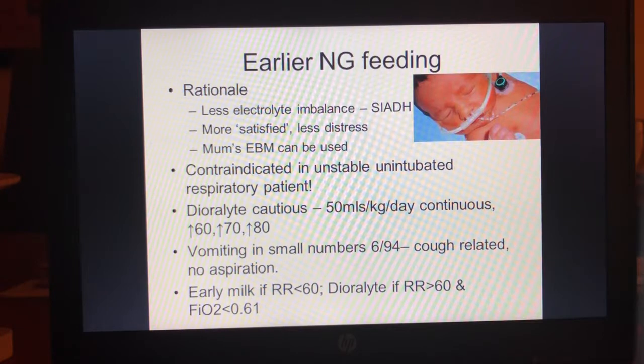So please excuse the error on that slide. And with that, we felt that we could safely introduce earlier nasogastric feeding in this potentially difficult patient group.